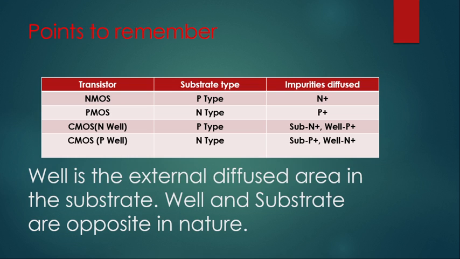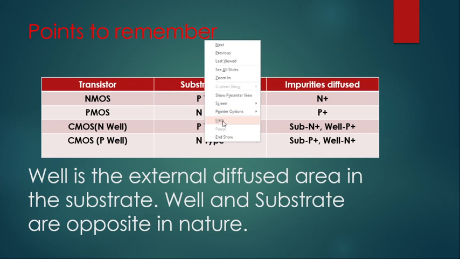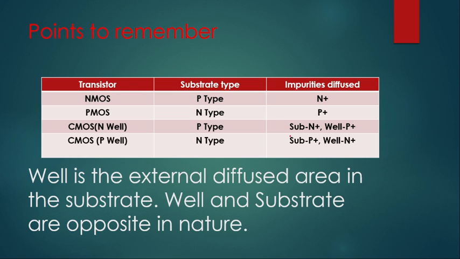So if N-well is used for CMOS fabrication, the substrate will be P type, and the impurities diffused will be N plus. For the P-well process, the substrate type will be N type, the impurities diffused will be P plus, and if the well is P type, the impurities diffused in it will be N plus.